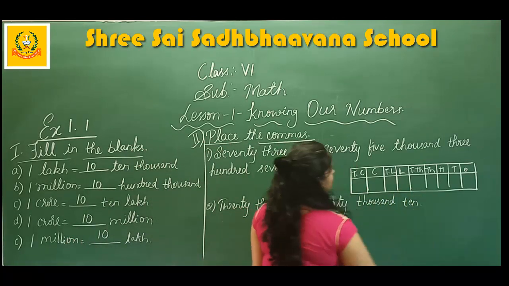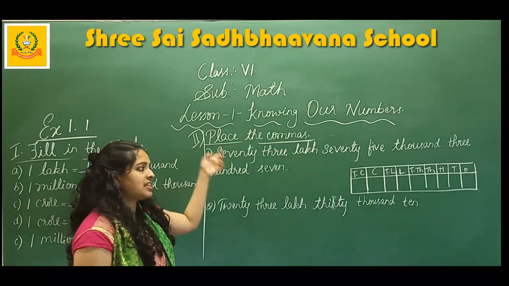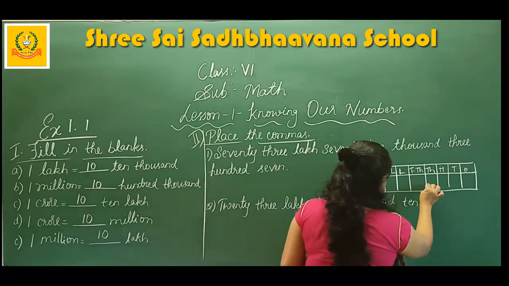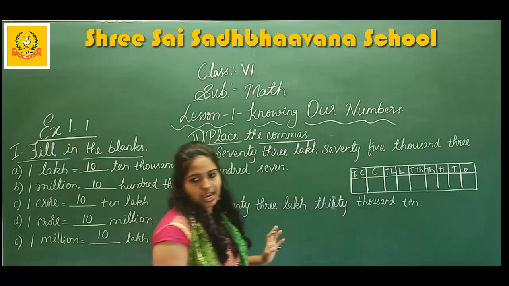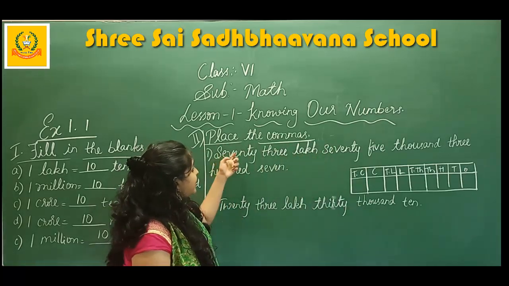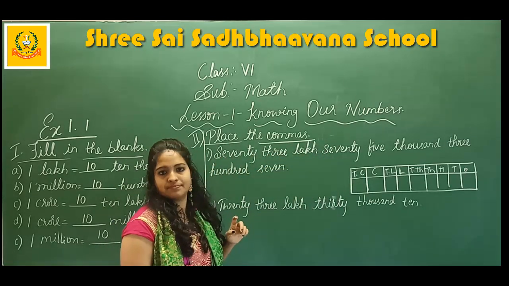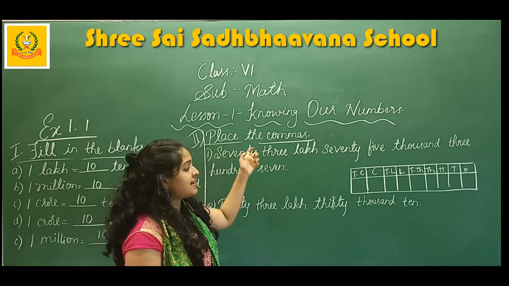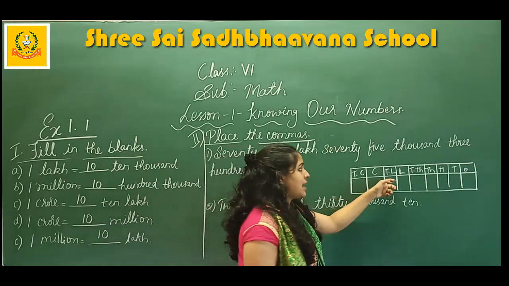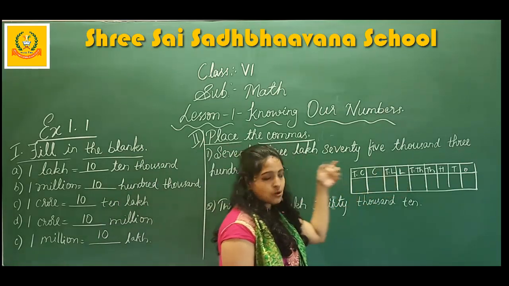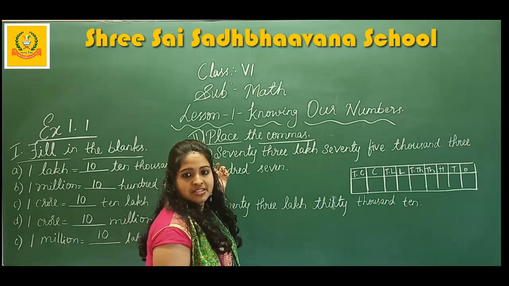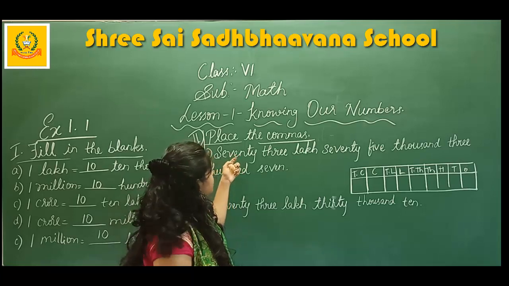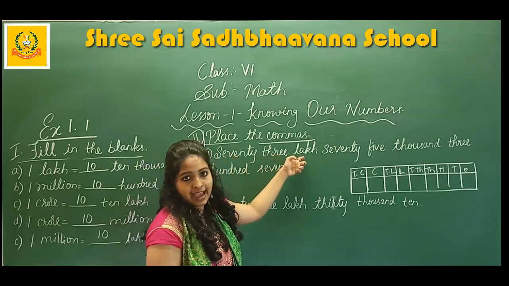Now we are going to substitute these values in this chart. 73 lakh. Here what have they given? 73 lakh means where do I have to write? I have to write here. Are there crores? No, they have not started from the crores. They have started from 73 lakh.